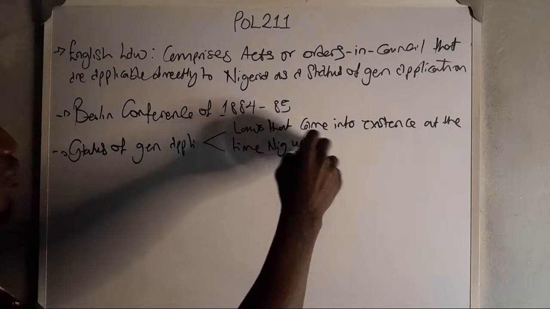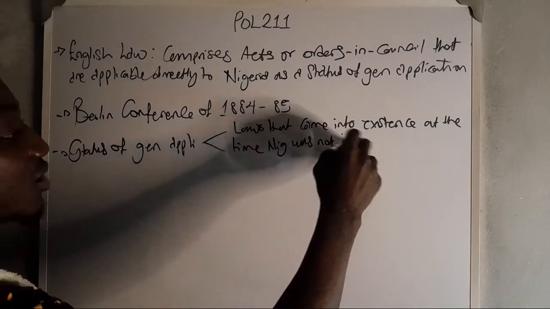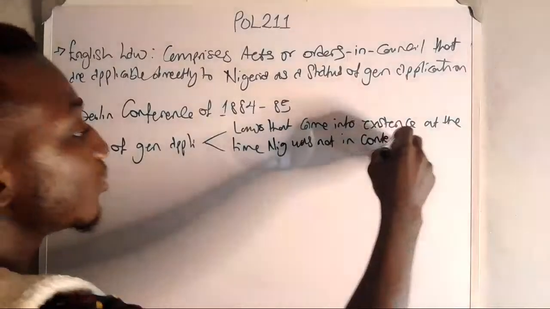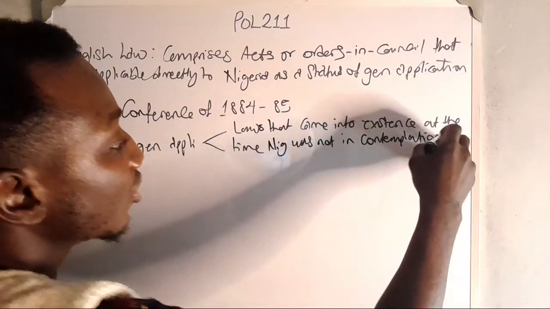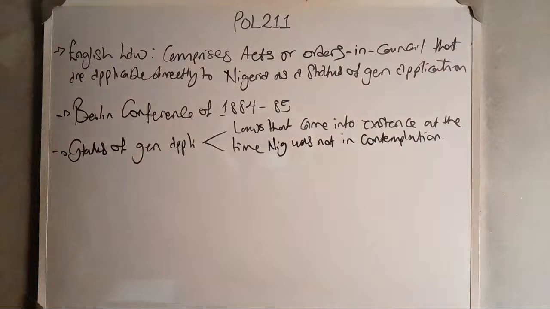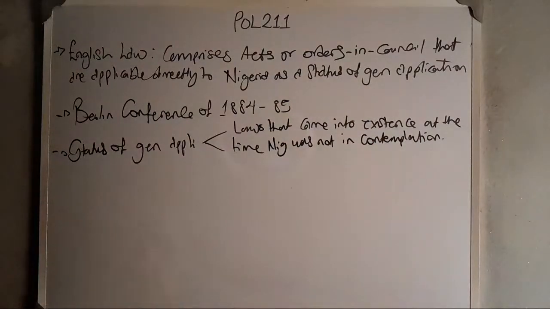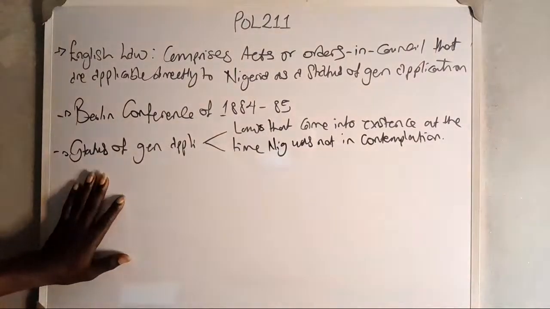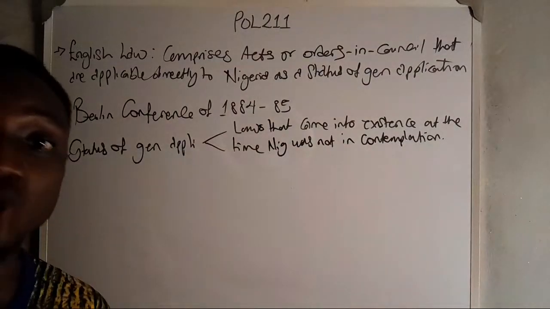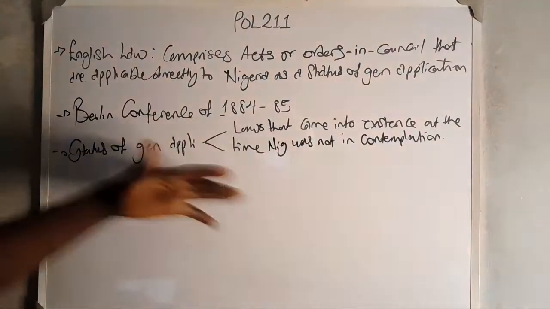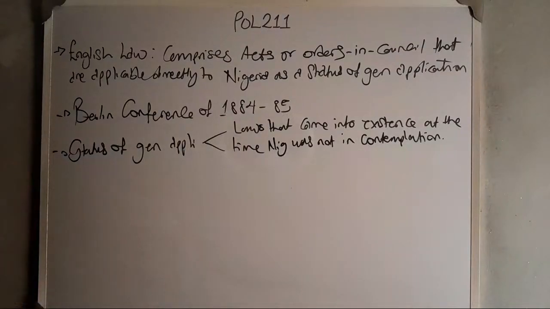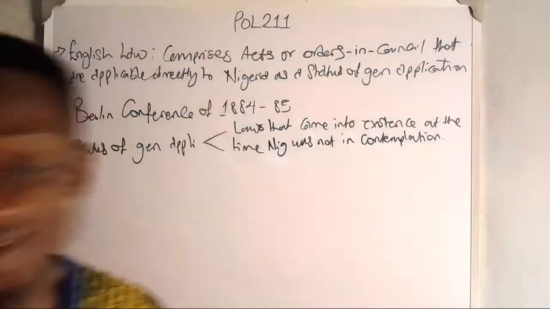Then Nigeria was ruled as a colony and protectorate. So these statutes of general application are the laws that basically were used in ruling Nigeria then as a colony and protectorate, even before and even after Nigeria was created. This law still existed to some extent.